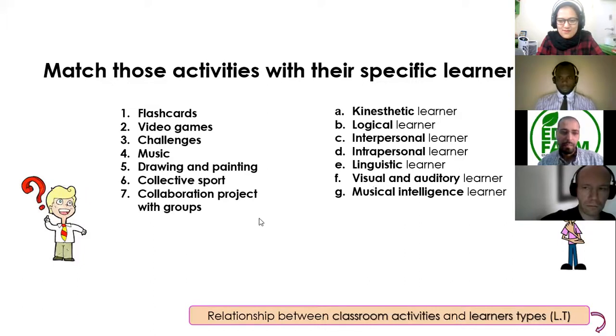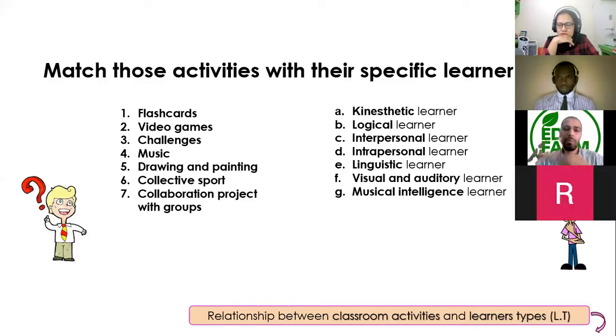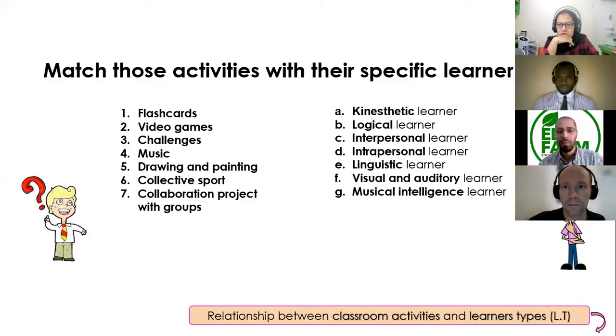Before moving to the next slide, I would like to give a flashback on the types of learners. One student can have multiple learner styles. Maybe the student is a logical learner, likes moving a lot so is a kinesthetic learner too, and also likes working in a group.